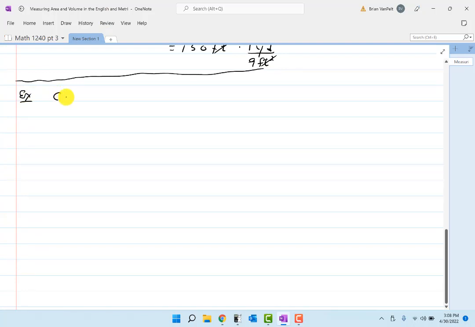Convert 1,000 acres to square miles. Now notice we don't have acre squared because acre is some sort of a measurement that already involves two-dimensionality.